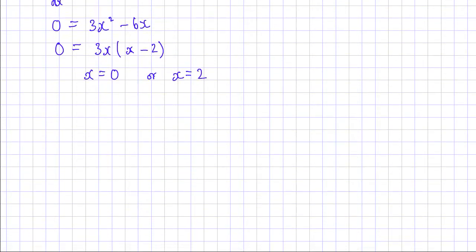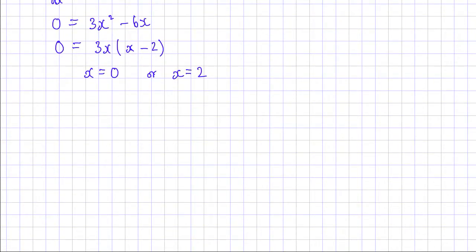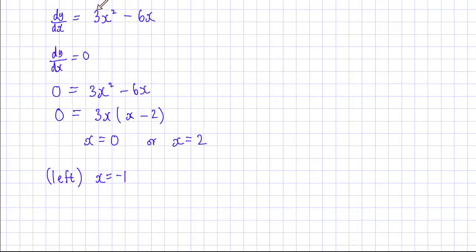So let's see. So on the left of x is equal to 0, I have x is equal to minus 1. So let's try x is equal to minus 1. Okay, and my gradient function, I have it here. So 3 times x squared minus 6x.